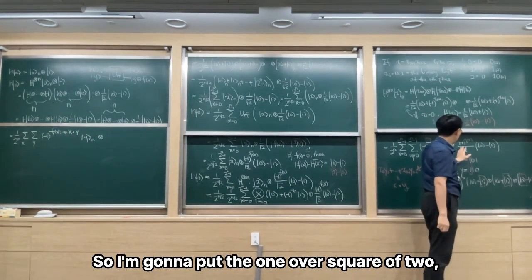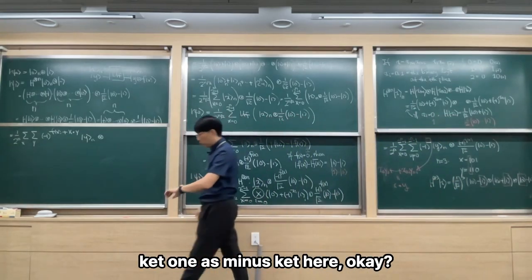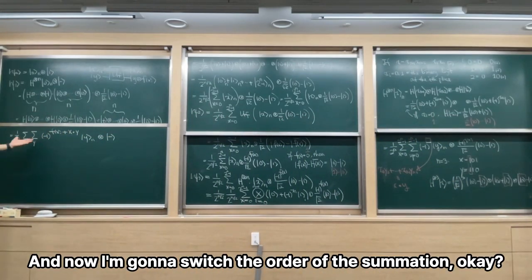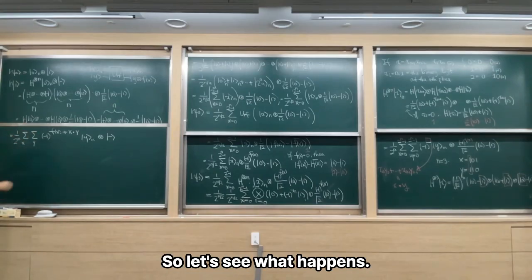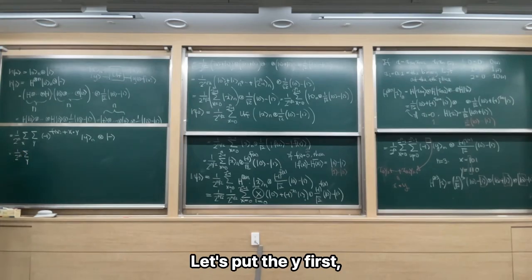So I'm going to put the 1 over square root of 2 (ket 0 minus ket 1) as minus ket here, okay? And then I'm going to switch the order of the summation. Okay, so let's see what happens. So 1 over 2 to the n, let's put the y first.